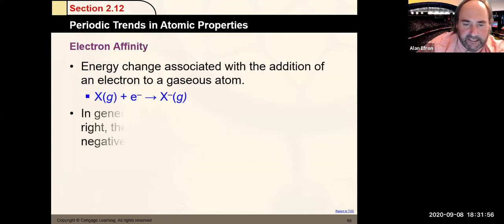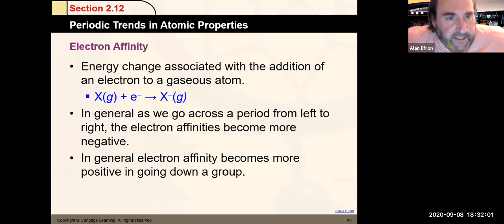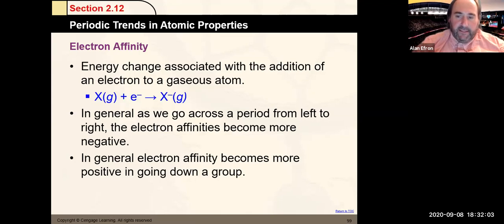Question on ionization energy. So when we think about ionization energy, we've been talking about it in the sense of losing electrons and cation formation. So another important trend is what is known as electron affinity. Electron affinity is the energy change that occurs when an atom gains an electron.